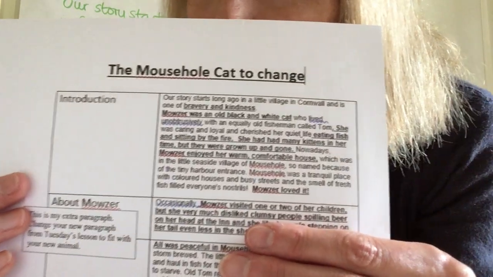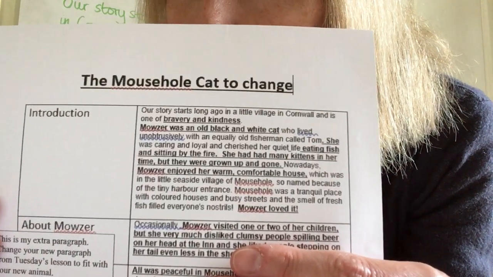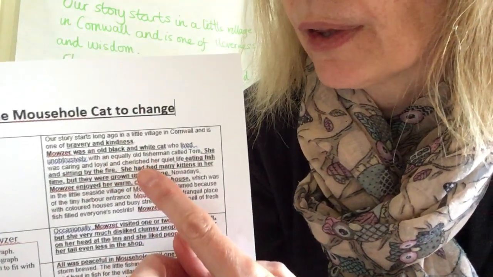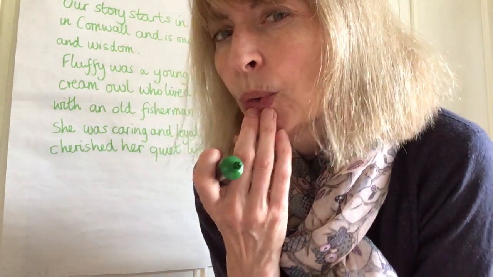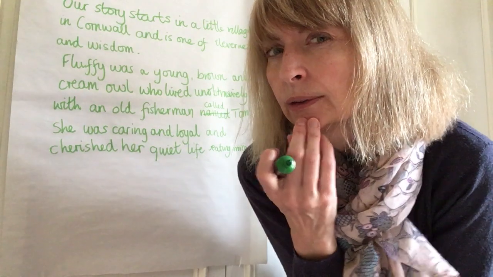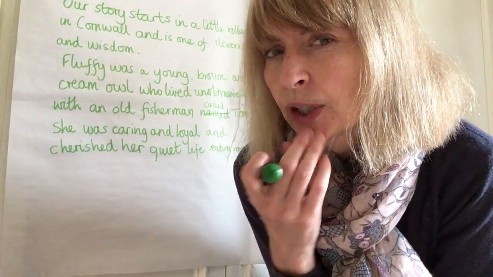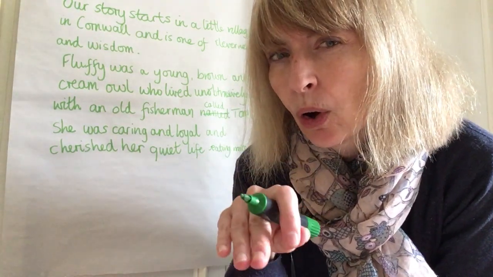Okay. Now, the next part of your one about Mowzer starts here. Now, we've got eating fish and sitting by the fire. Now, I'm thinking about my owl. Will she sit by the fire, or do you think she'd get a bit hot? Or do you think she might perch on Tom's chair? So I think I'm going to go for that.